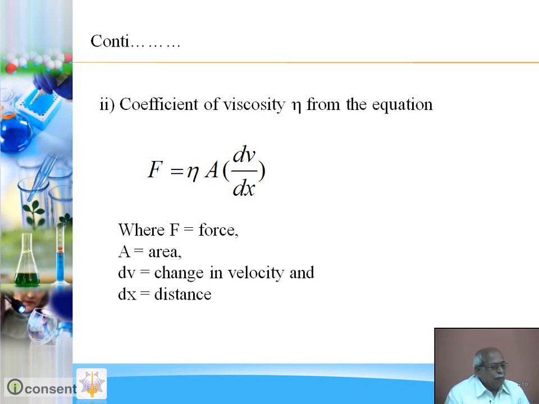So in this equation, unit of force is of course newton, unit of area is meter square, dV is change in velocity. Once again, the unit will be the same whether we say simple velocity or change in velocity. SI unit, meter per second. dx is distance, so unit is meter. So once again, you know the units of all other quantities in this equation except eta, and therefore you can write down the unit of eta. Do that. I will not tell you anything more.